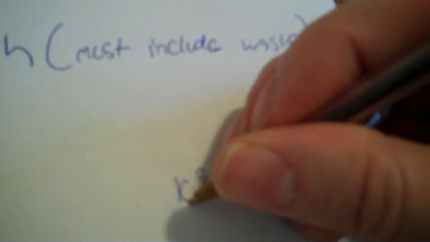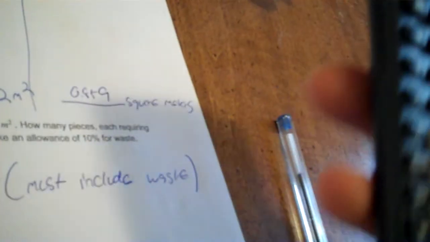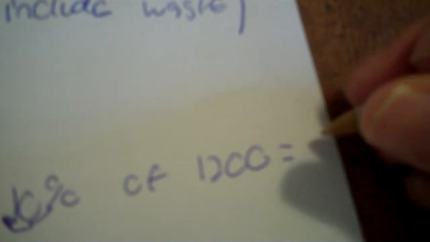Find 10% of 1,200 square centimeters and add that amount to the 1,200 square centimeters. You can just move the decimal twice and take 0.10 times 1,200. So 120.